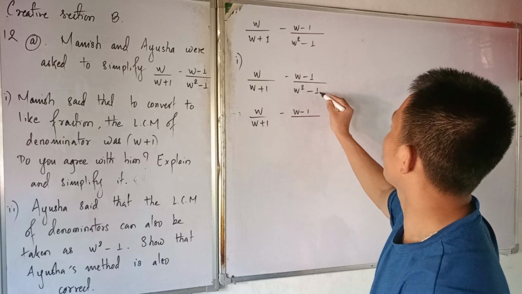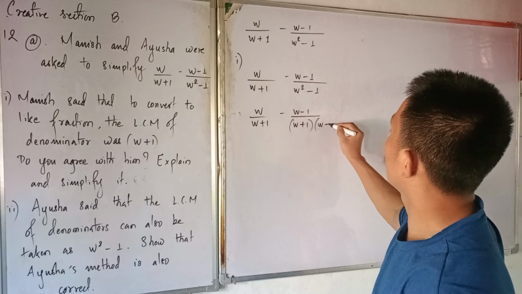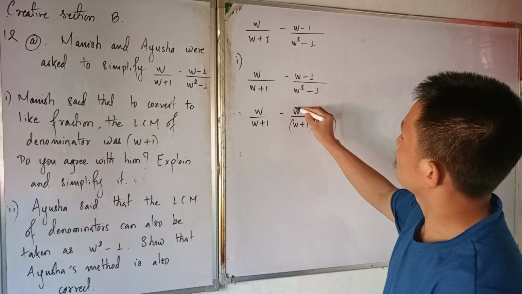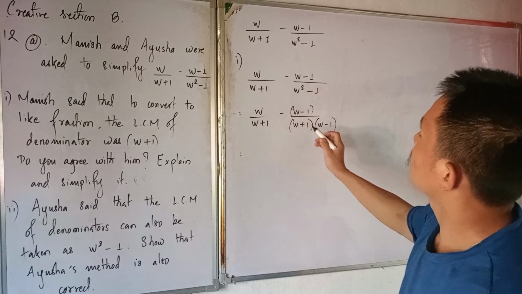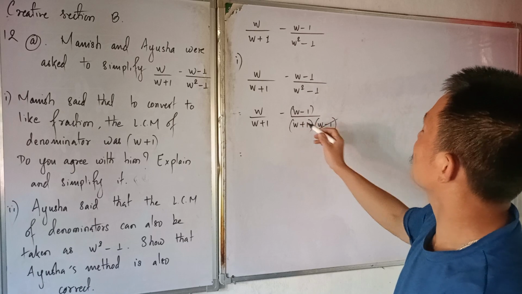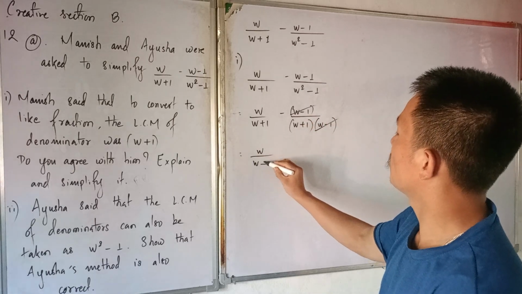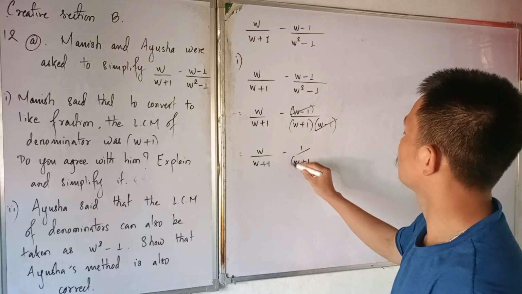Divided by w square minus 1, which can be written as w plus 1 times w minus 1. So let's give a little bracket here to make it more convenient. So w minus 1 can be cancelled. So w plus 1 minus 1 by w plus 1.